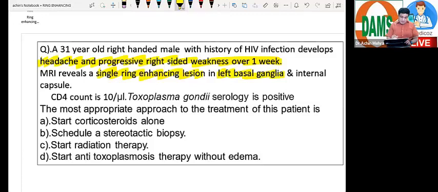The CD4 count in the patient is very low, it's 10. The toxoplasma gondii serology done for this patient is positive. So what is the most appropriate thing that we'd like to do in the patient? Any guesses, any answers for this one?